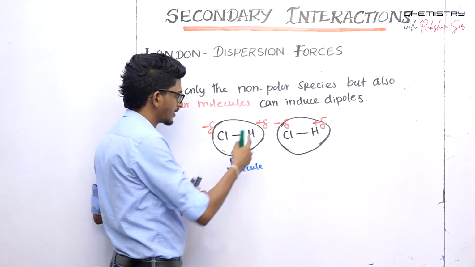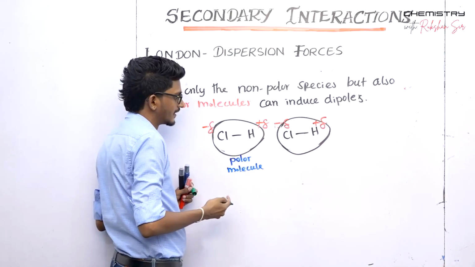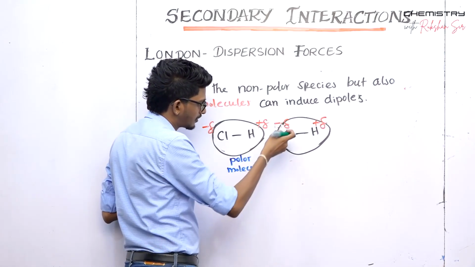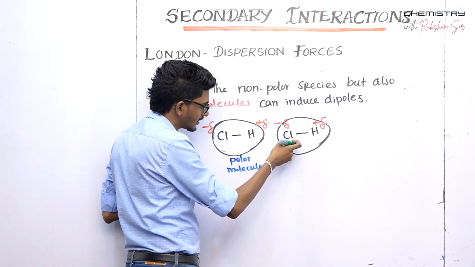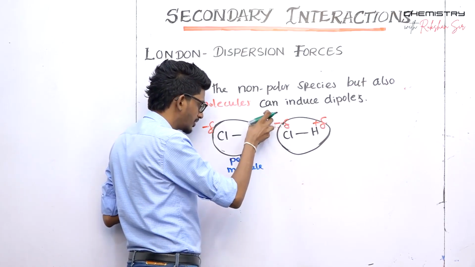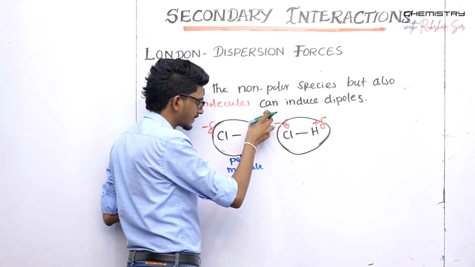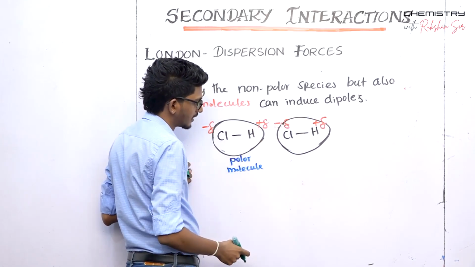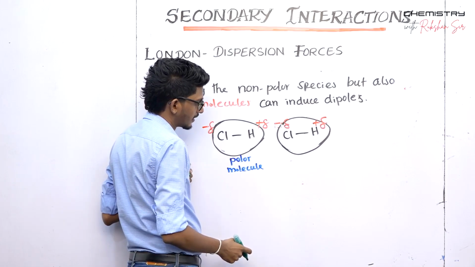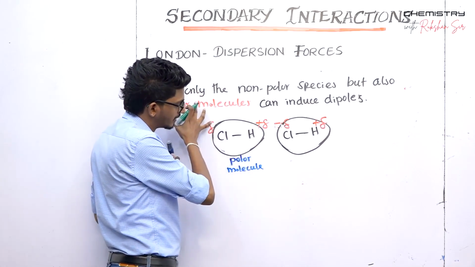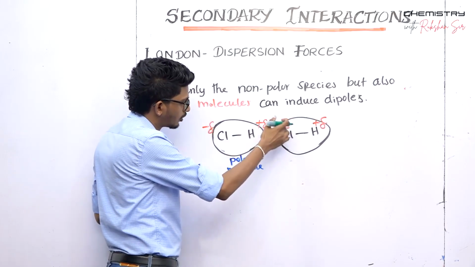Towards this positive charge, some of the electrons here will be attracted. If you get rid of this molecule, that kind of attraction won't appear.